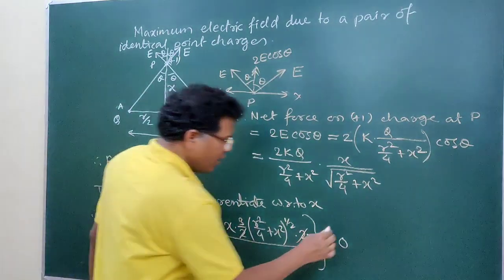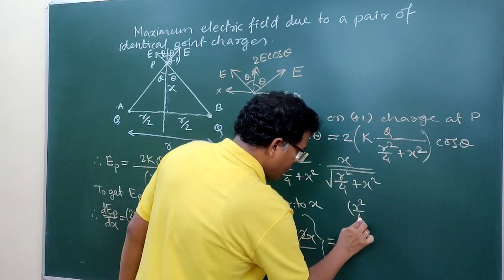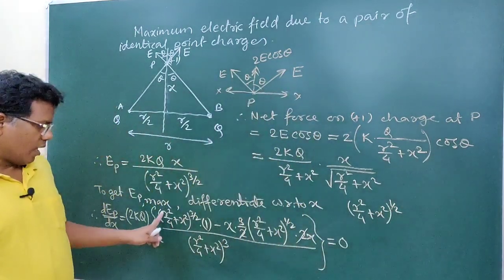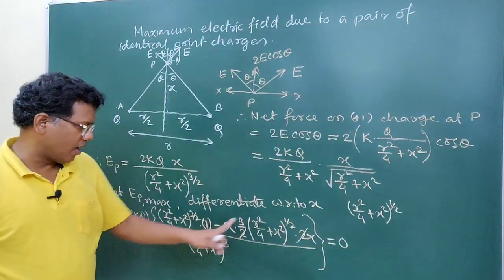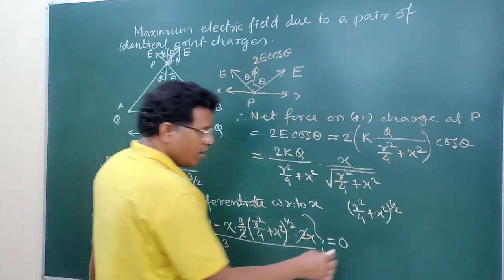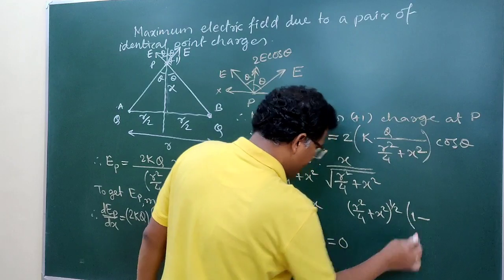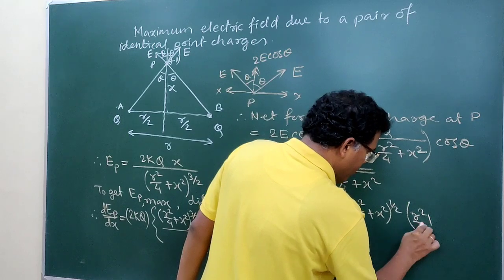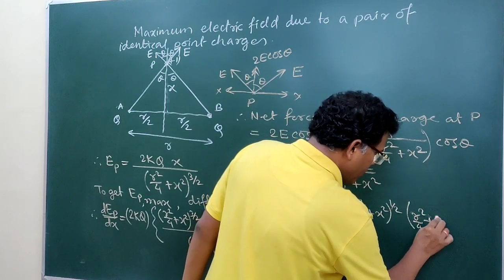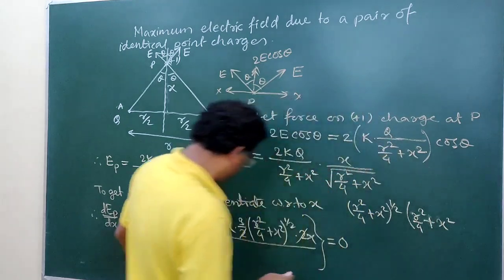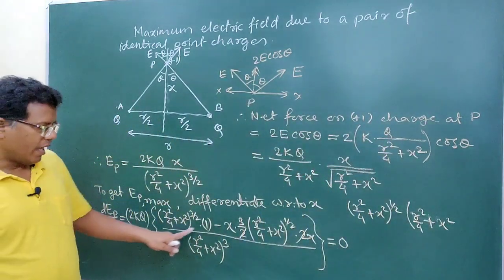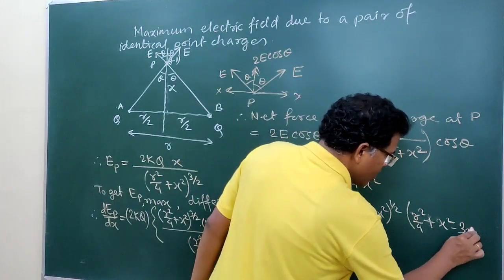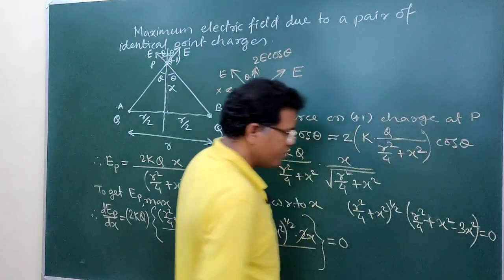So from this part, if we take r square by 4 plus x square to the power half as common, that is the least power, then we get 1 minus, because that 3 by 2 is there, so r square by 4 plus x square from the first part, and in this part we can write minus 3x square, that is 0.